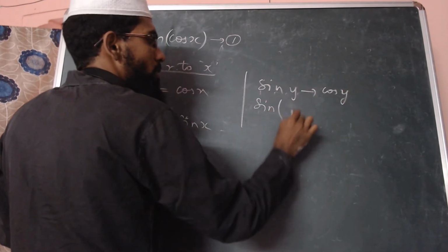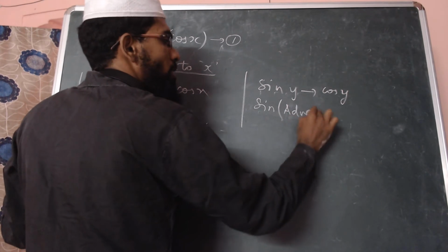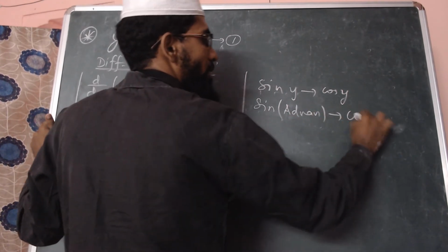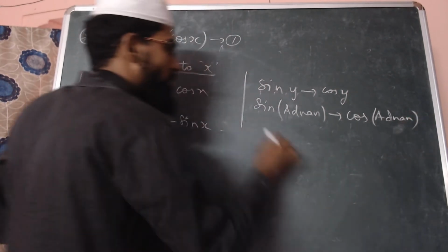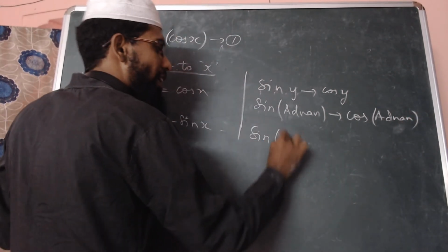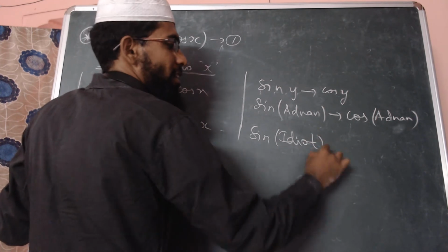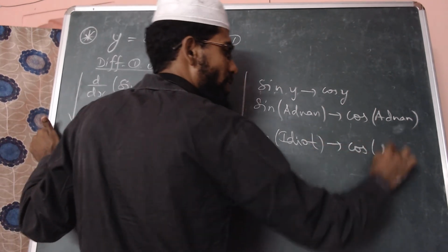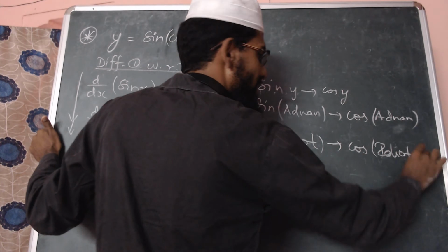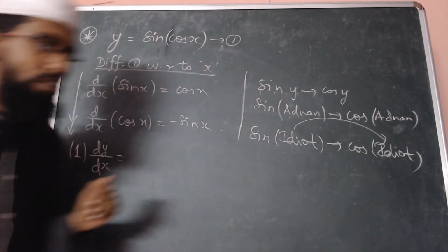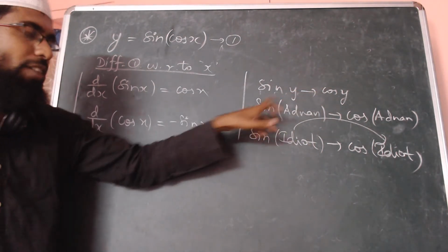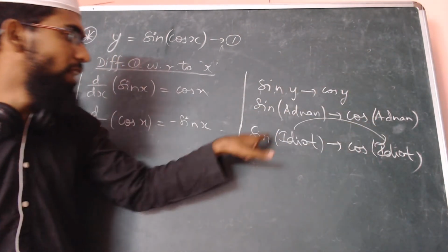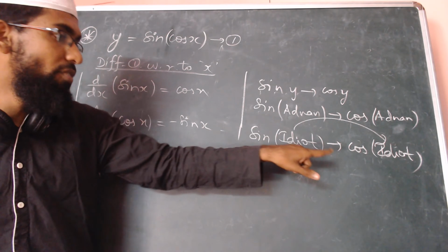The derivative of sin of anything will be cos of that thing. Whatever is here, I'll just put it there.